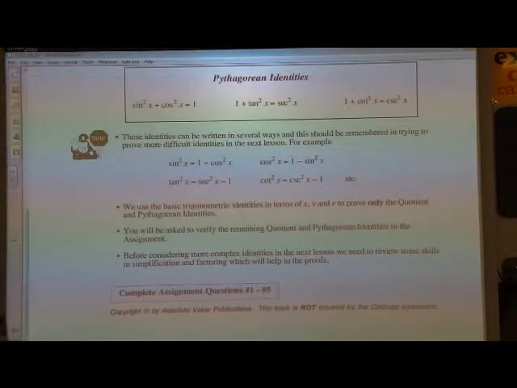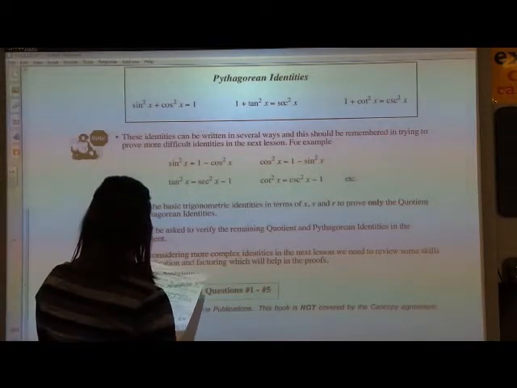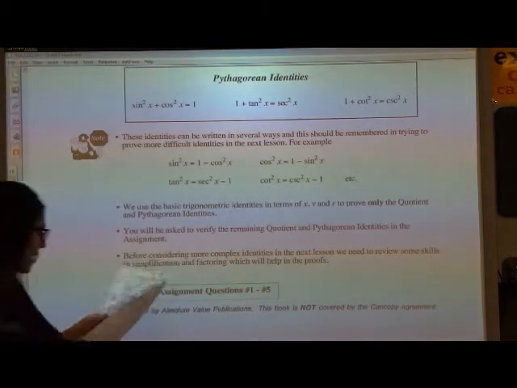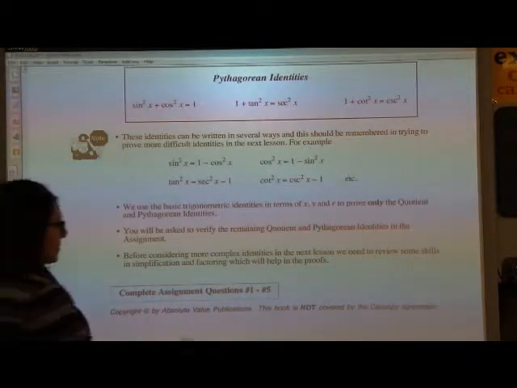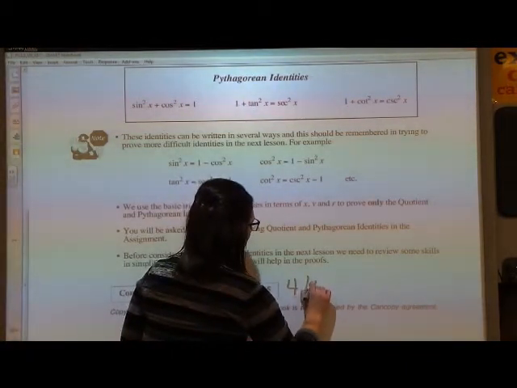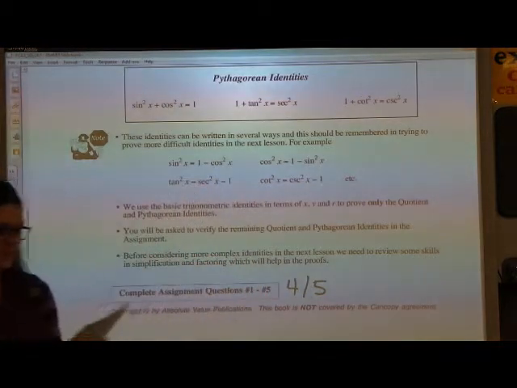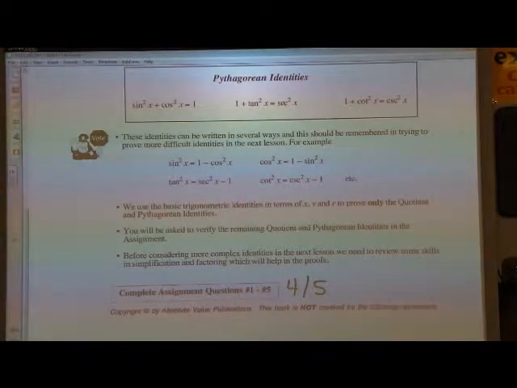What I want you to do right now, and I'll give you about 10 or 15 minutes, is look at question number 4 and 5. Question 4 says use the basic identities to prove the identities in question 1 and 2.